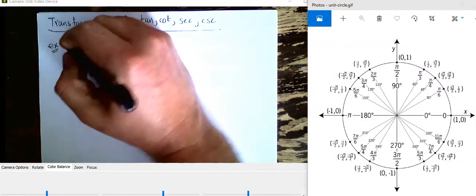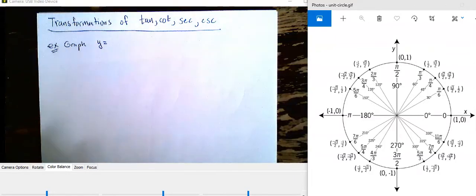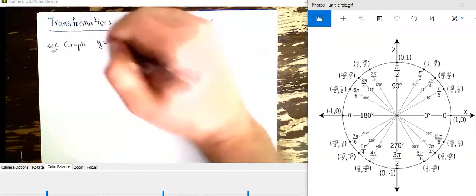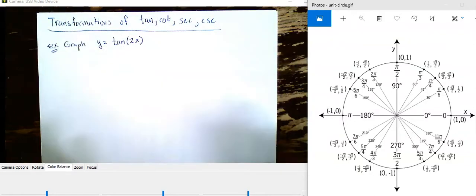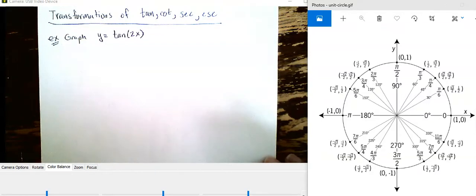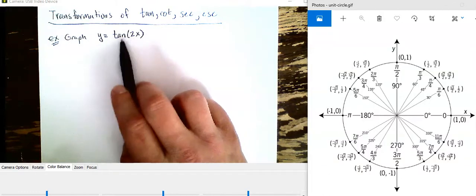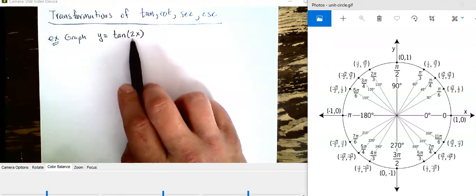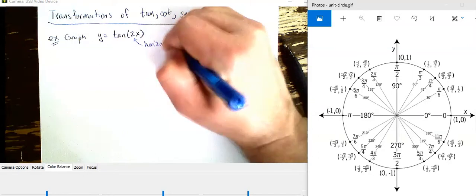So we want to graph y equals tangent of 2x. So recall that the b value here is going to either horizontally stretch or compress the graph of tangent. So in this case, this represents a horizontal compression.